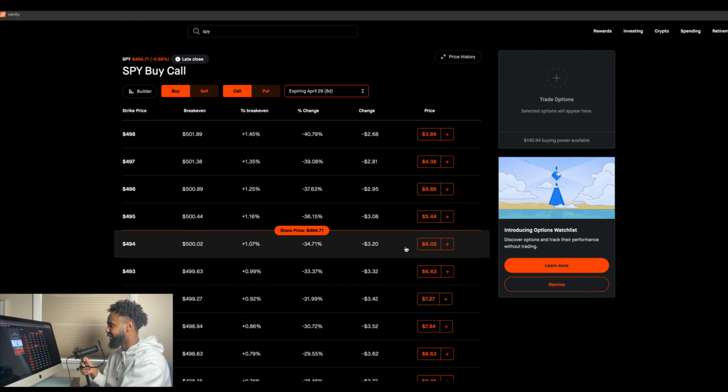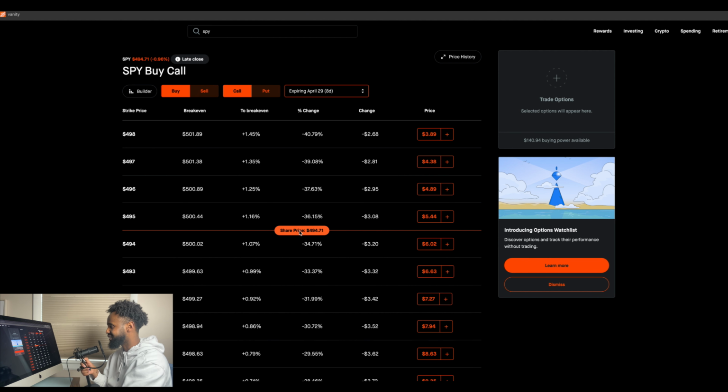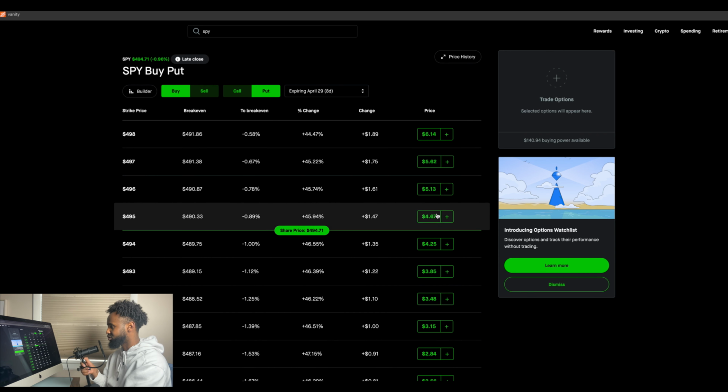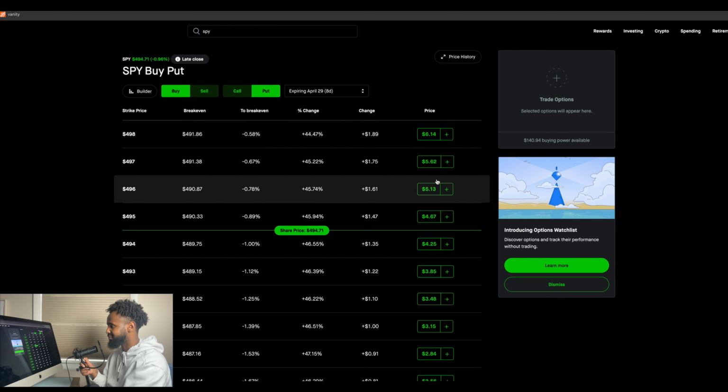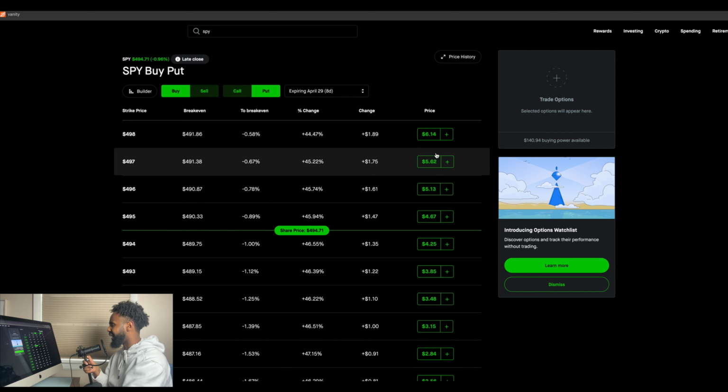Make sure they are more expensive. If you're buying calls, it is below this price, and if you are buying puts, make sure it is above this price. So go towards the more expensive contracts. Those will be less risky and you will have a much higher chance of profitability.